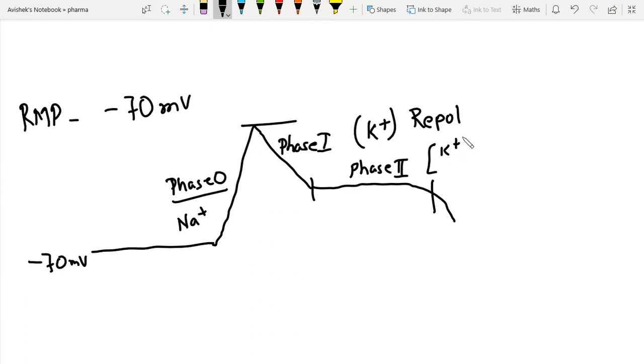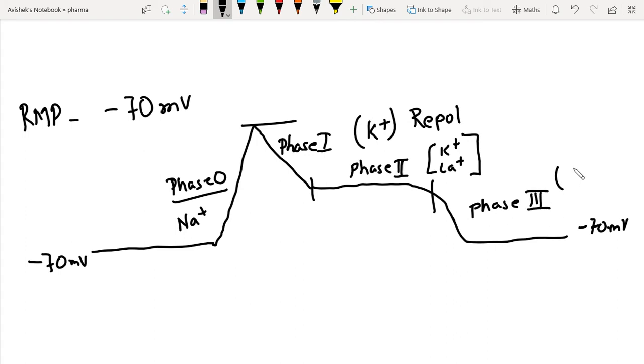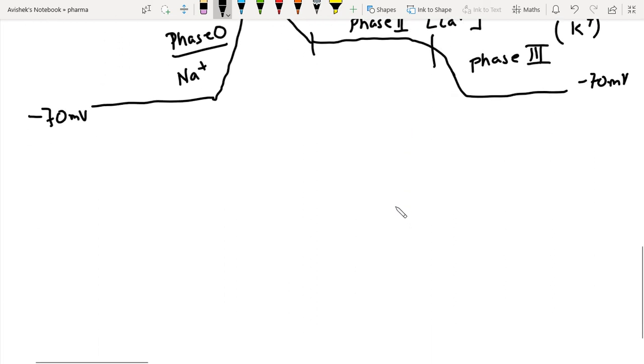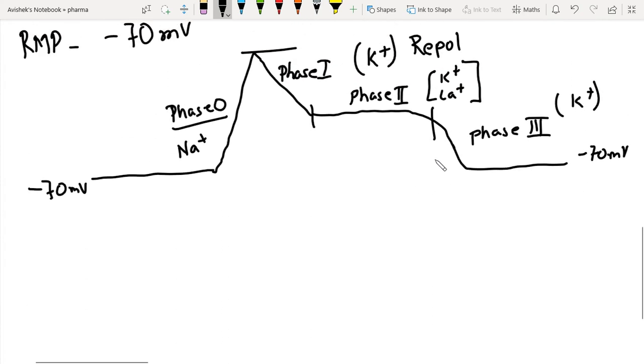Here both of them, potassium and calcium, are working. At the end it comes to minus 70 millivolt. This is phase 3, where only potassium is working. So this is the cycle it begins.